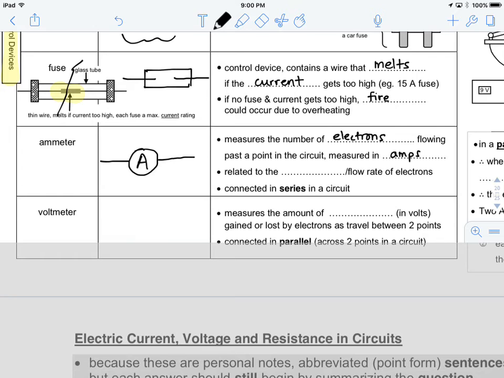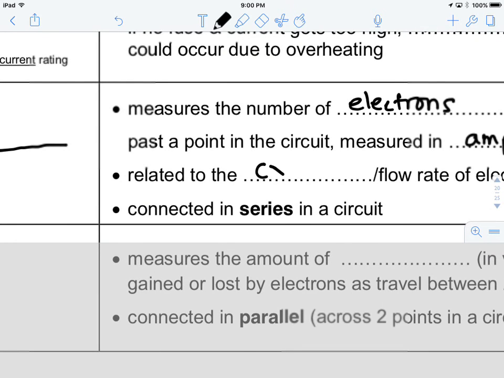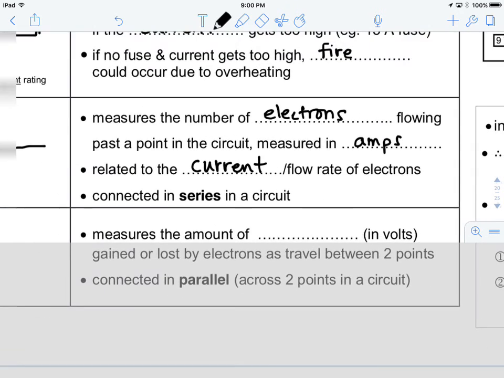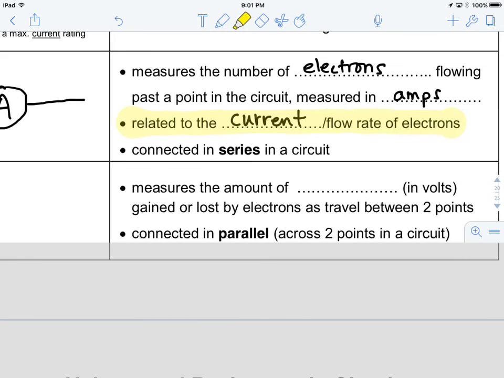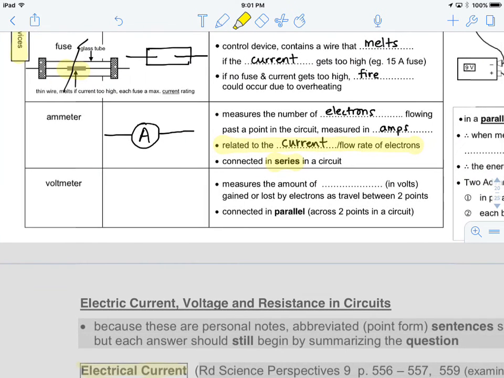It really measures the amount of charge that flows past a point in the circuit. We measure that in amps, and it's related to the current, okay? Or the flow rate of electrons. So an ammeter, this is what's important right here that you remember. An ammeter, which measures current in amps, this is measuring the current, and we connect this in series in a circuit.